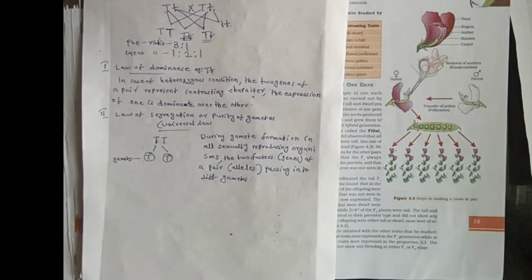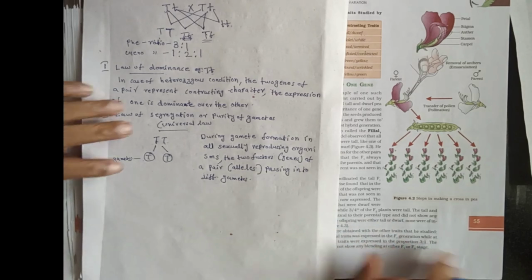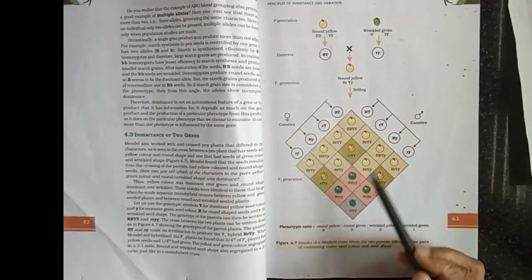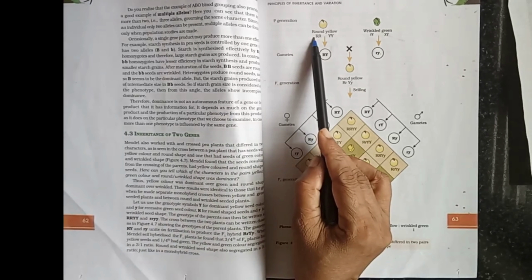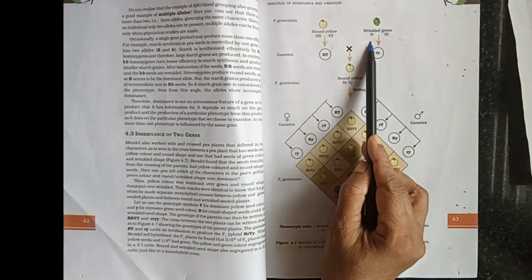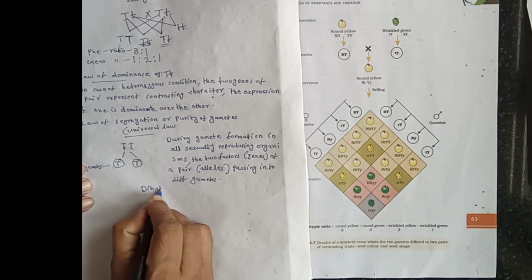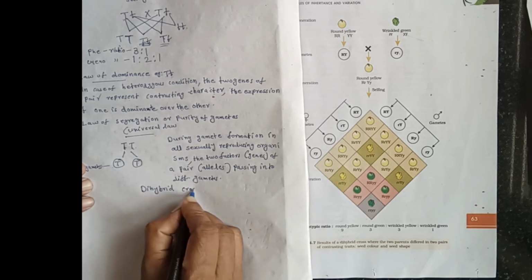Next topic, dihybrid cross. If we take two contrasting characters for a test, such tests are known as dihybrid cross. In our textbook, this is the picture of a dihybrid cross.